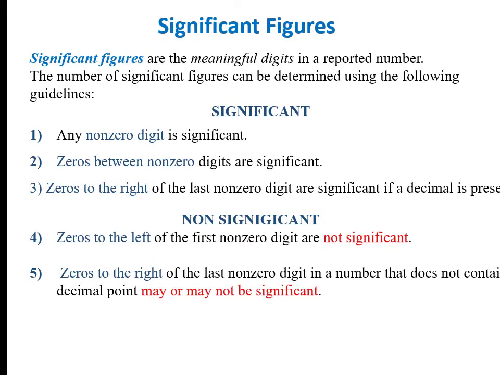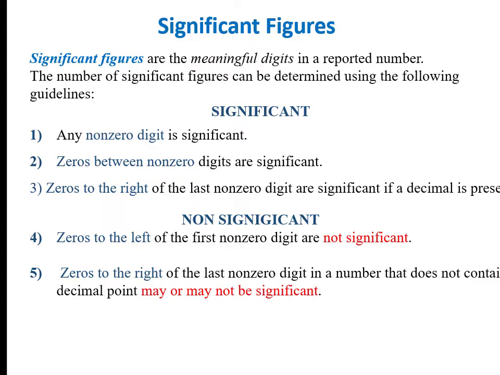So say, for example, that we write a number that has a measurement of 34. In that case, we have all non-zero digits. All non-zero digits are always significant. They're meaningful. If we have zeros, zeros may or may not be significant.